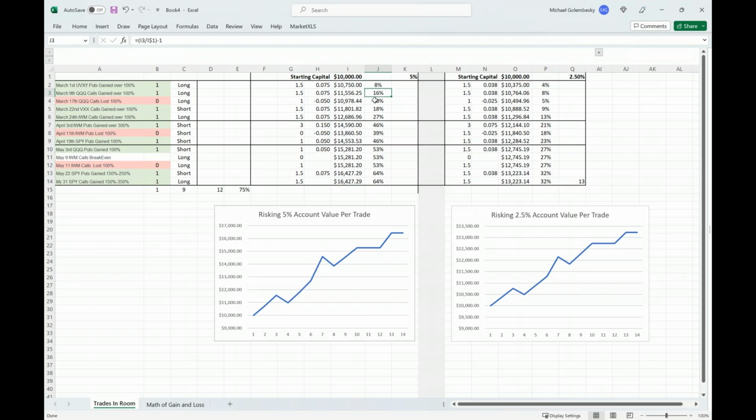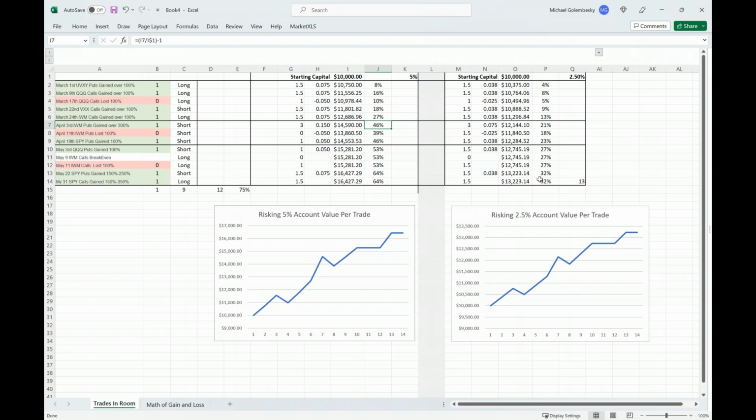And you can see how quickly this grows as we continue to move higher. 8% gain, 16%, had a loss here down to 10%, 18 again, 27, 46. So again, we can see that exponentially this grows quite quickly when we have a high win rate. And that's really the goal of this: take the profits, let the win rate get the exponential gains on the trades. Okay, that's the goal.